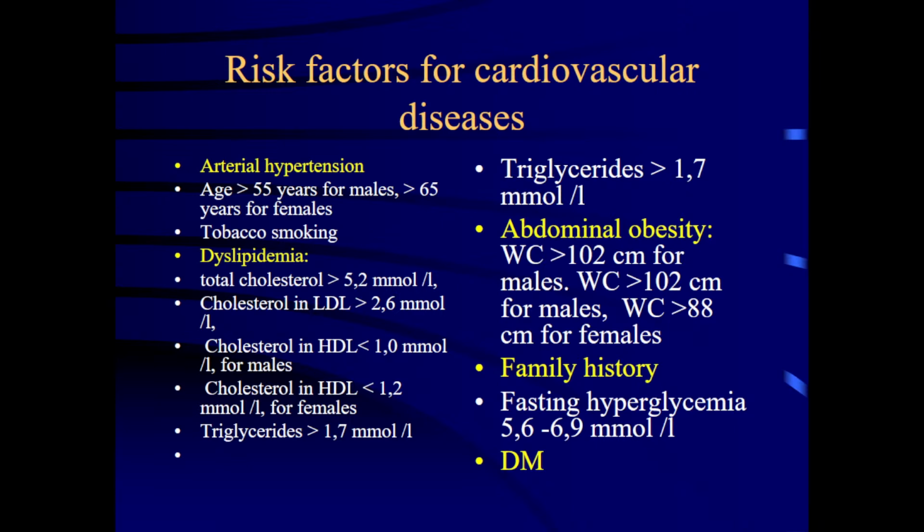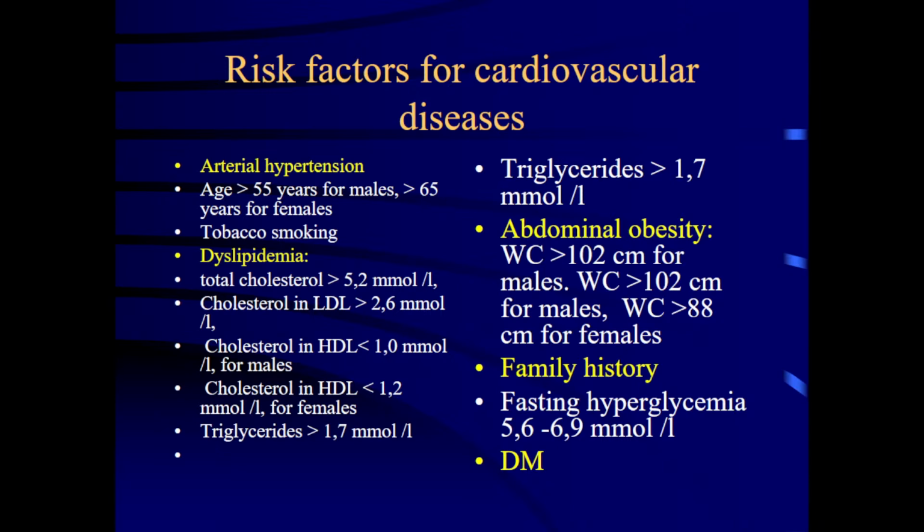Dyslipidemia is characteristic for atherosclerosis and for the diseases associated with atherosclerosis. First of all, ischemic heart disease and atherosclerotic changes of peripheral arteries. I'd like to pay attention that there is so-called metabolic syndrome, and for metabolic syndrome, arterial hypertension is characteristic, dyslipidemia is characteristic.